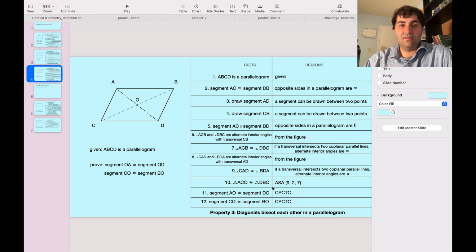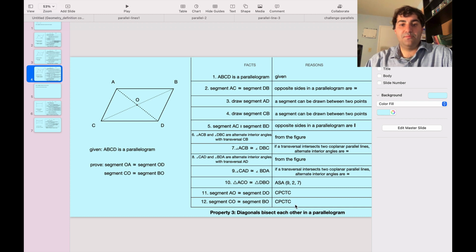Next, I can use the angle side angle postulate with statement 9, statement 2, and statement 7 to conclude that triangle ACO is congruent to triangle DBO.